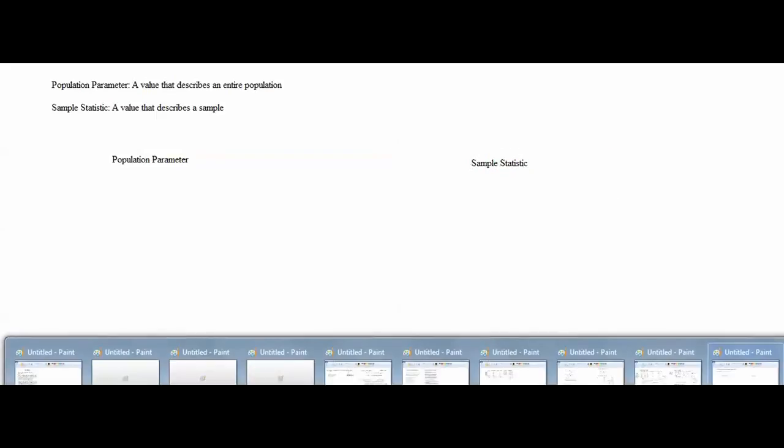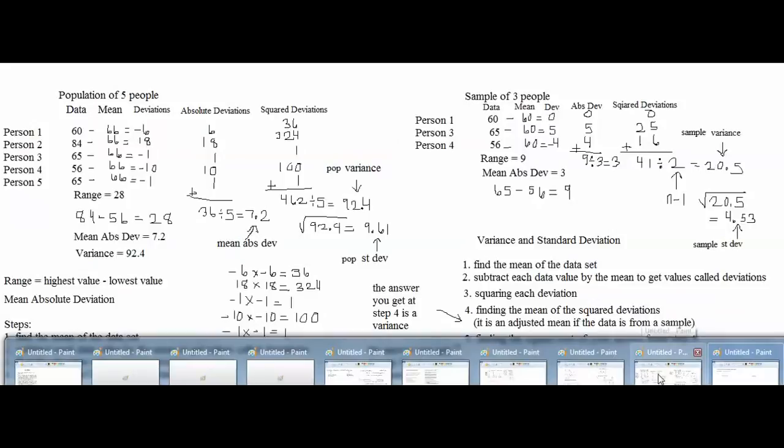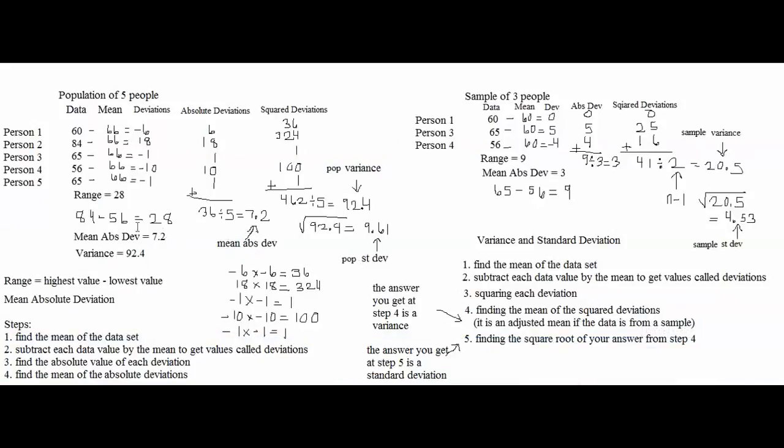Before I do this, actually, let's look back at the last slide. Remember how all of these values here on this left side of the board were calculated with an entire population? Since they were all calculated with an entire population, they would all be called population parameters.